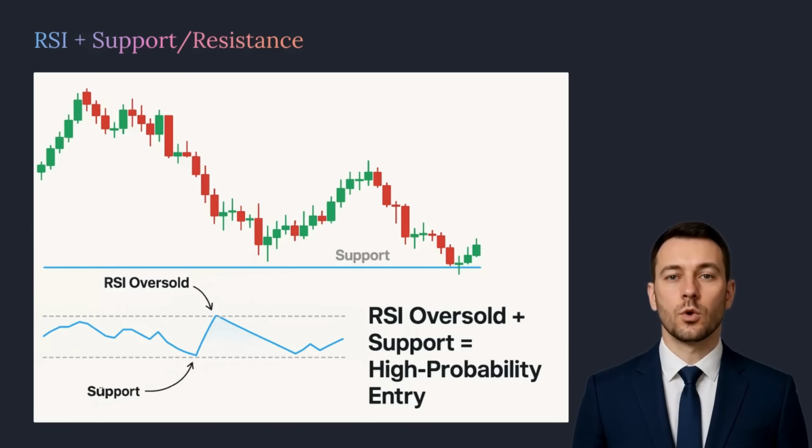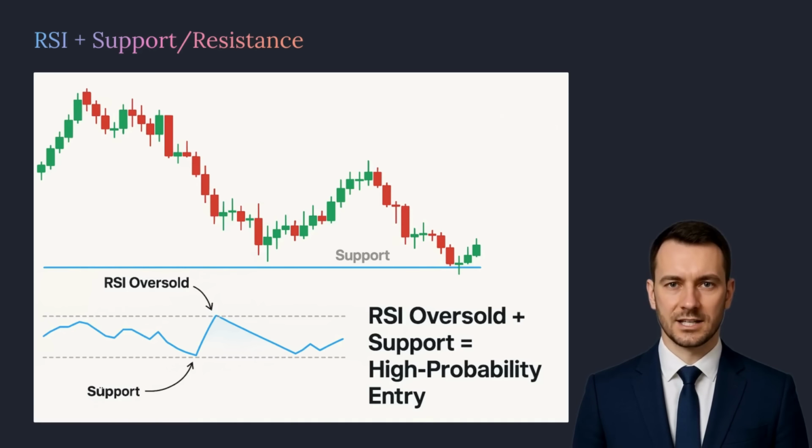RSI plus support resistance. This is one of the simplest and most effective pairings. An RSI extreme is more meaningful if it occurs at a key price level. For example, RSI dipping below 30 right when price is at a strong support level is a high probability buy signal. Oversold plus support.